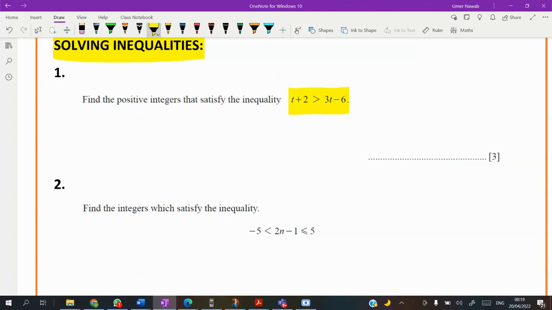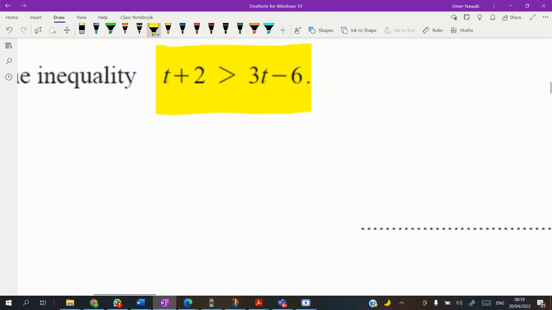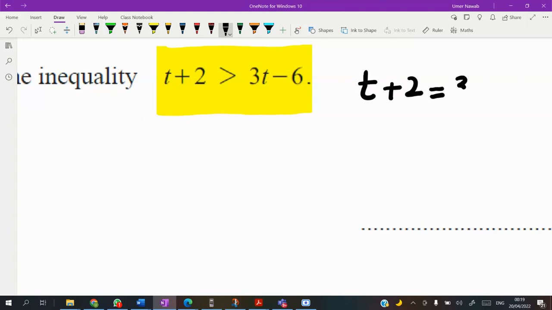We have a linear inequality, and we want to look at it in the same way as a linear equation. As per rule, I always suggest my students, whenever you have an equation, try to keep your subject positive.